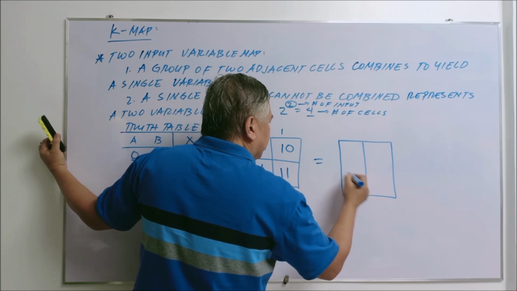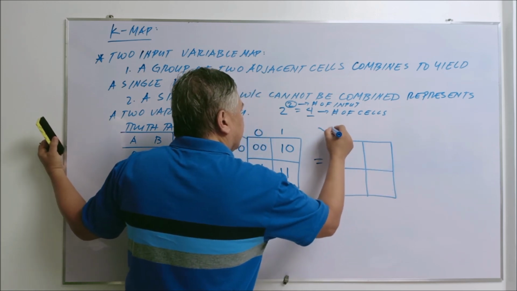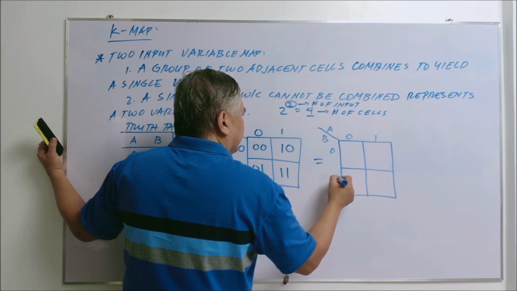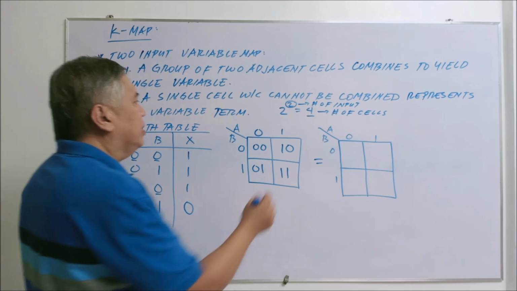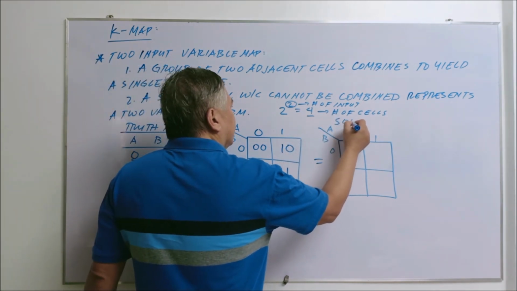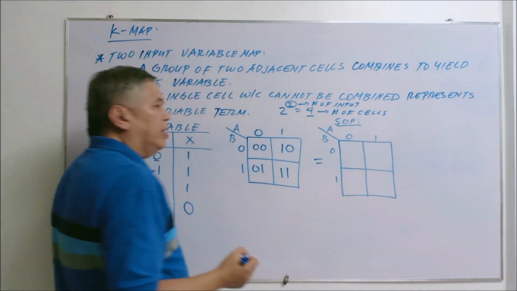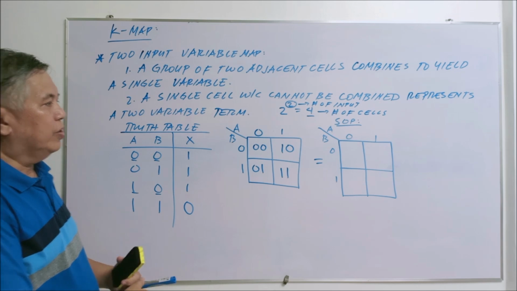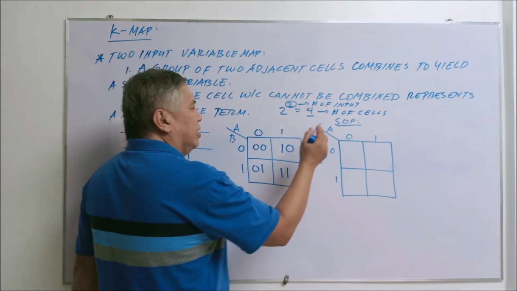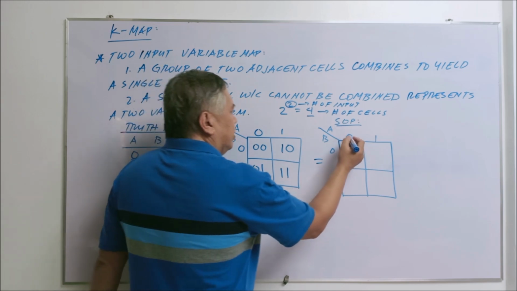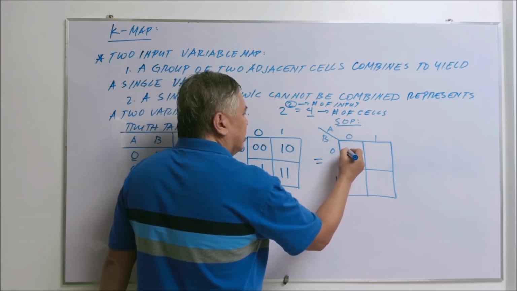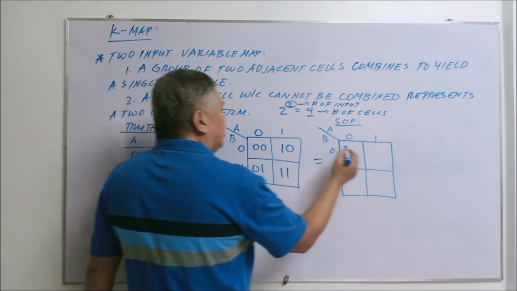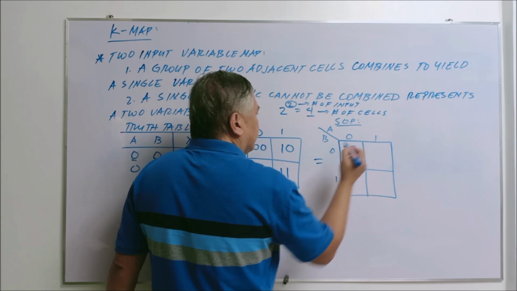Or we can also represent the two variable input map in this manner. You have A and B, again, 0, 1, 0, 1. So if we use the sum of product expression, SOP, that means we have to consider the product terms. In this case, if A is equal to 0, the variable is complemented, and B is 0, so you have B complement.